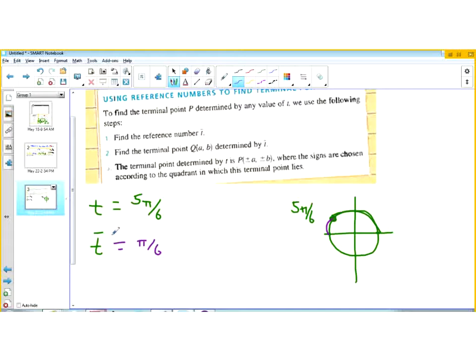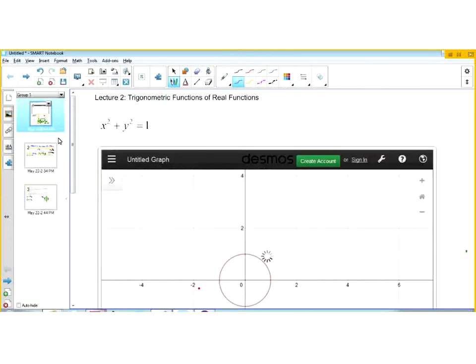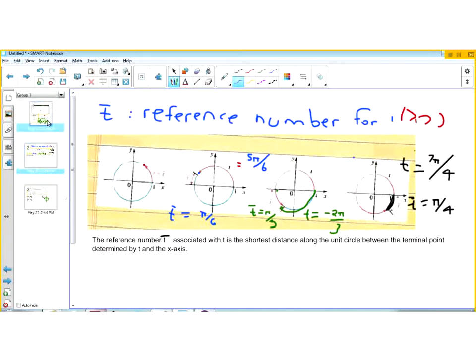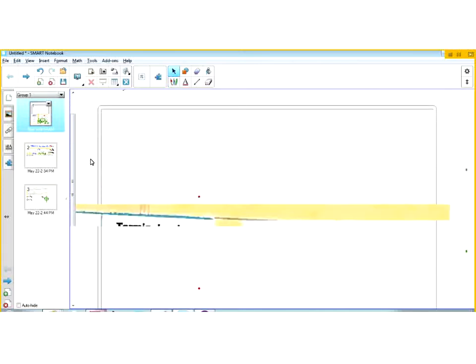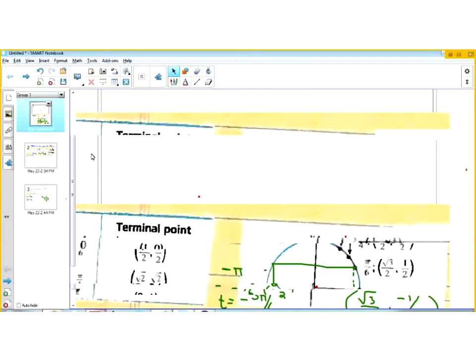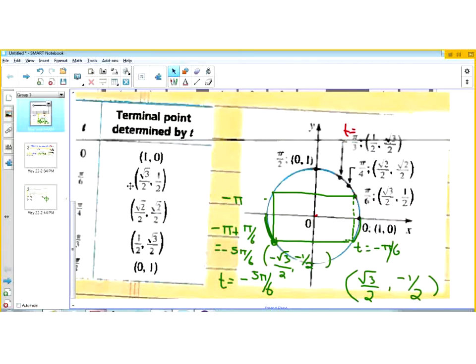So now, how do we leverage this? We had the table, right? So we go back to that table. Where was that table? Yeah, so we go back to this table, and I've given you that the coordinates of pi over 6 are square root of 3 over 2 and 1/2.